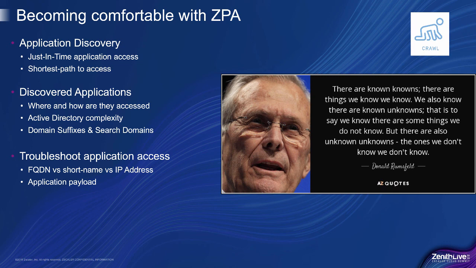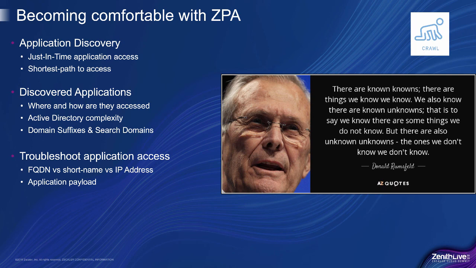And that means you need to think about, how do I add that domain suffix, add that search domain, make sure that matches an application segment, and potentially go back and then fix the application and make sure that it's advertising an FQDN. And it's an iterative process.